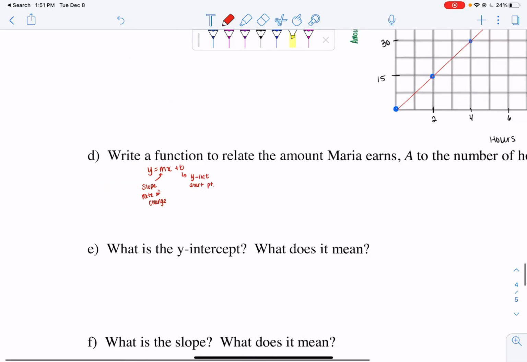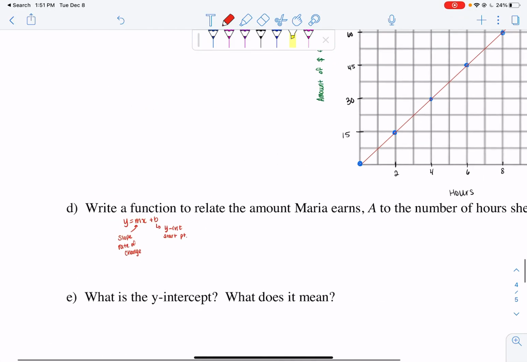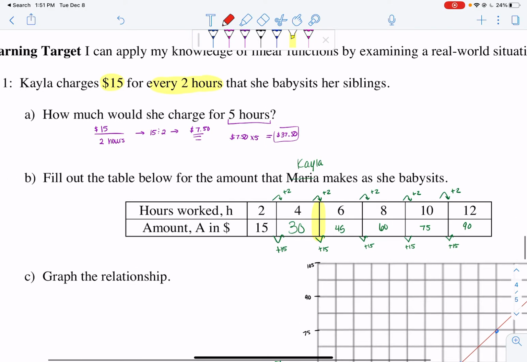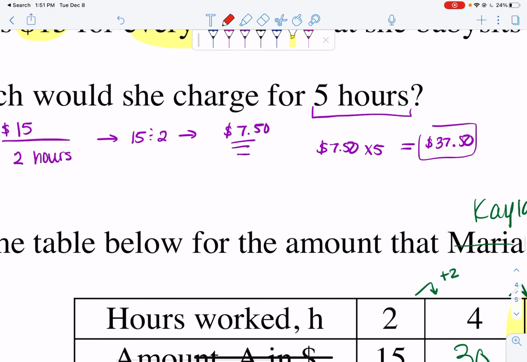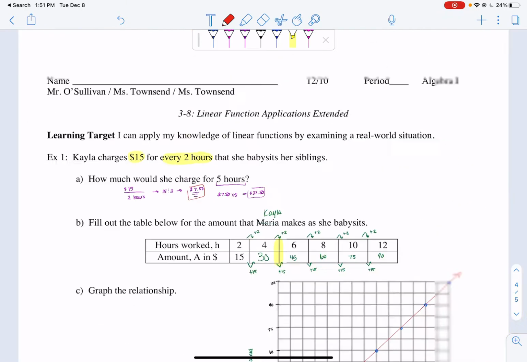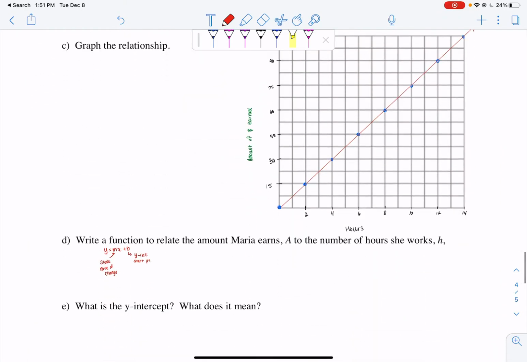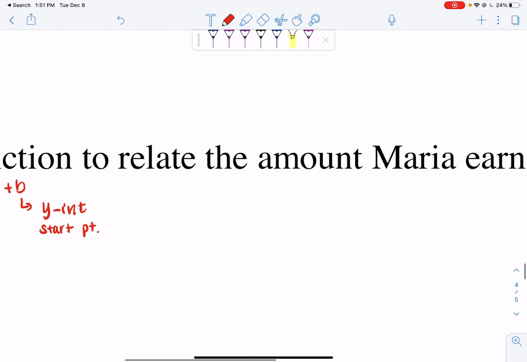So if I look, I actually know what my slope is. My slope is 7.50. The reason why I know it's 7.50 is because, look, I found out in the first question that she's charging $7.50 per hour. Whatever I'm charging per hour is what my slope is. So I know my slope is $7.50.